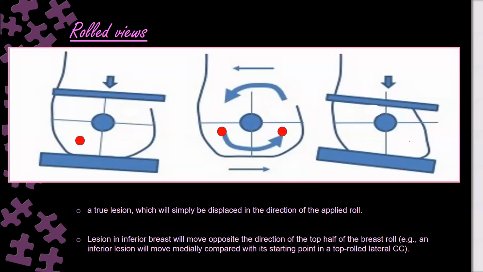If at the end I see the lesion here, it was lateral, but I have seen it here, medial, against the movement of the superior breast, that means this lesion is within the inferior part of the breast.